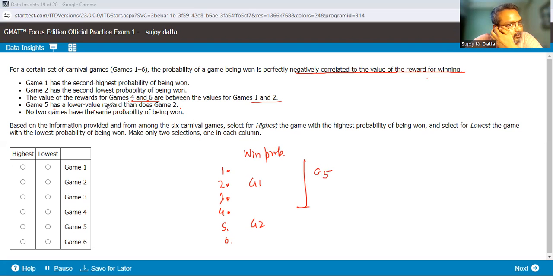No two games have the same probability, okay. 4 and 6 are between 1 and 2. That means this is 5, this is 4 and 6. And what's left? 3. The game with the highest probability is G5, and the lowest probability is G3.